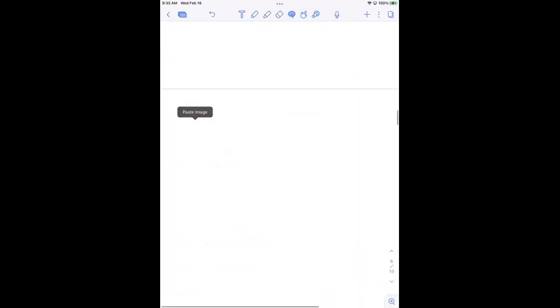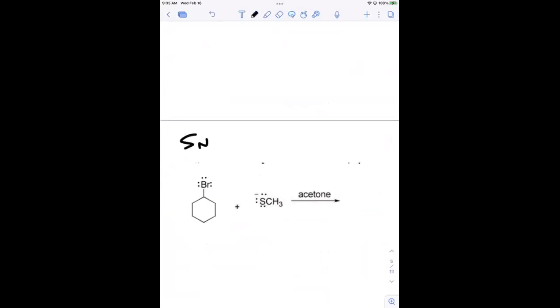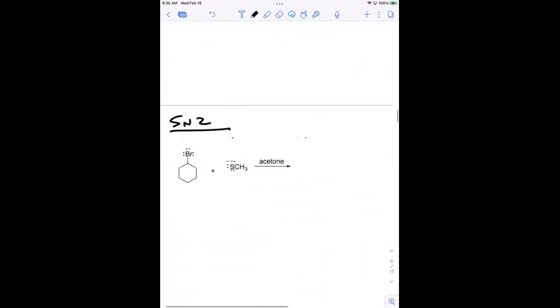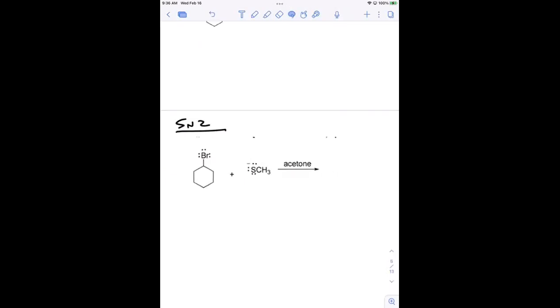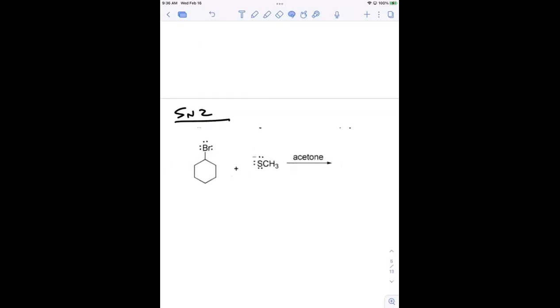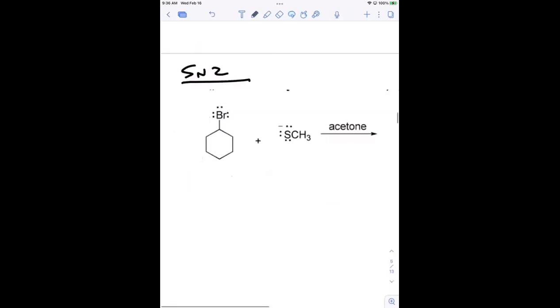Right, so there are a few things we look for, and let me give this a heading. There are a few things that we look for when we have a reaction and we're trying to determine if it's SN2 or SN1. The very first thing that you look for is the substrate or your electrophile.